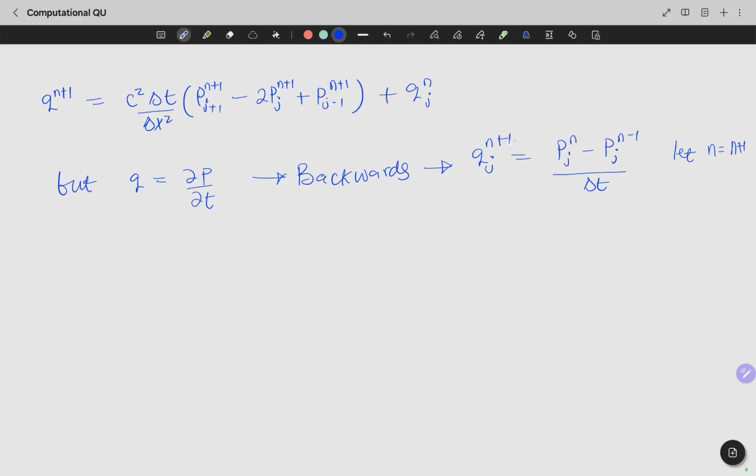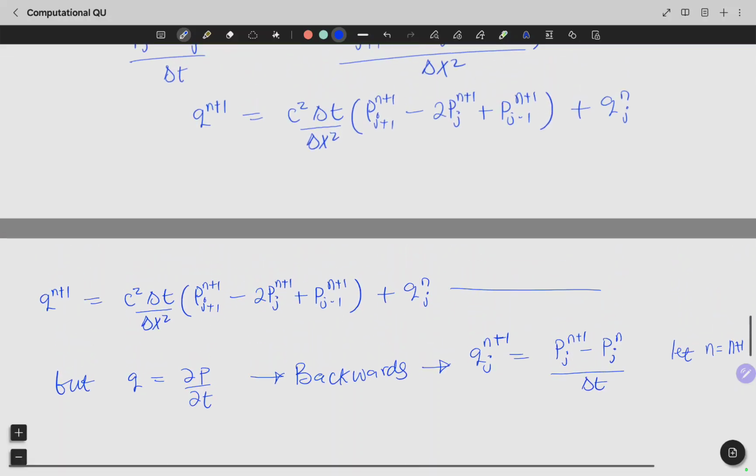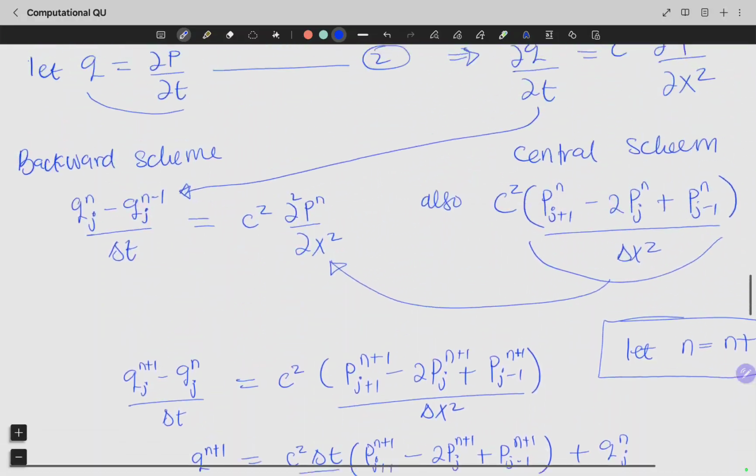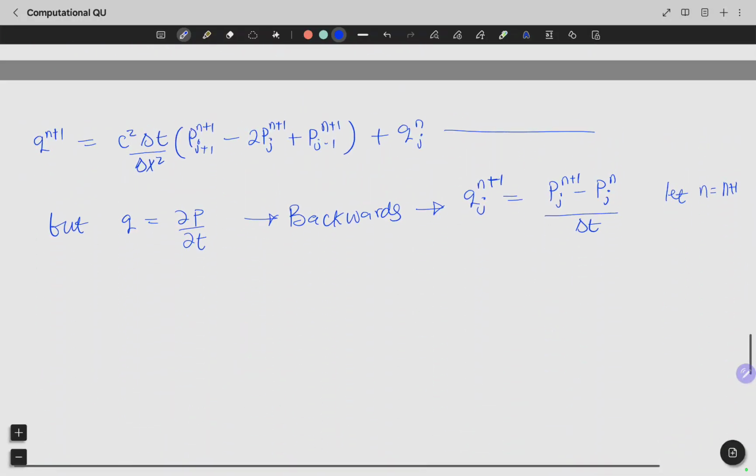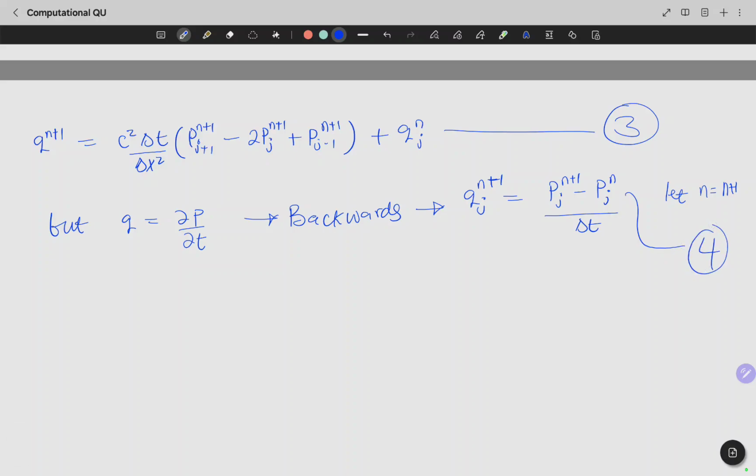this will be n plus 1, then this would be n plus 1, and this would be n, and that's it. And from this equation, what is the name of this equation? Let's call it equation 3, and we can call this 4.